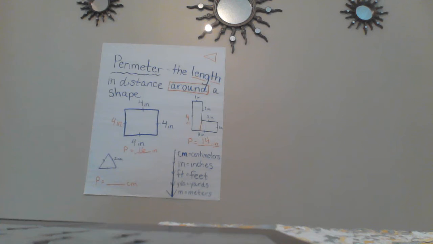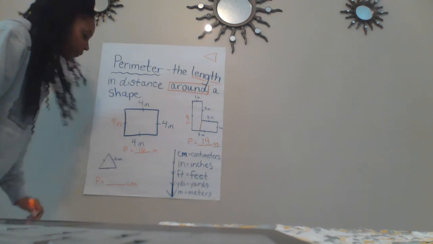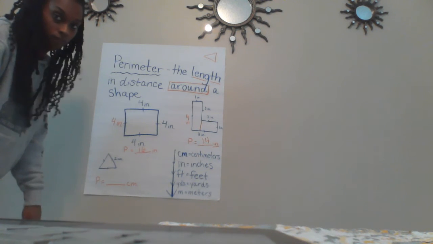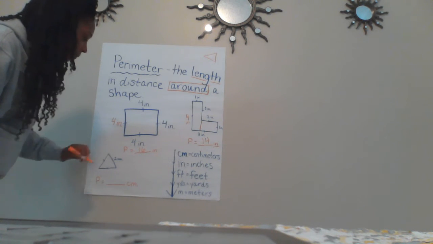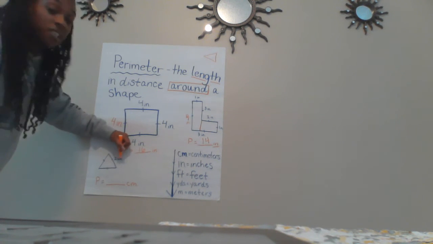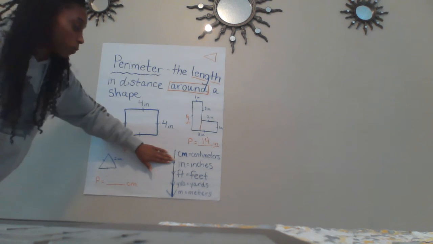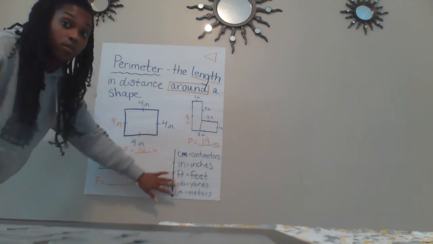All right, and the last one is this tiny little triangle right here. You have to figure out two of the values because they're missing on this side and this side. And the unit of measurement is centimeters. Remember, looking at the units of measurement, centimeters is the smallest that we're using.